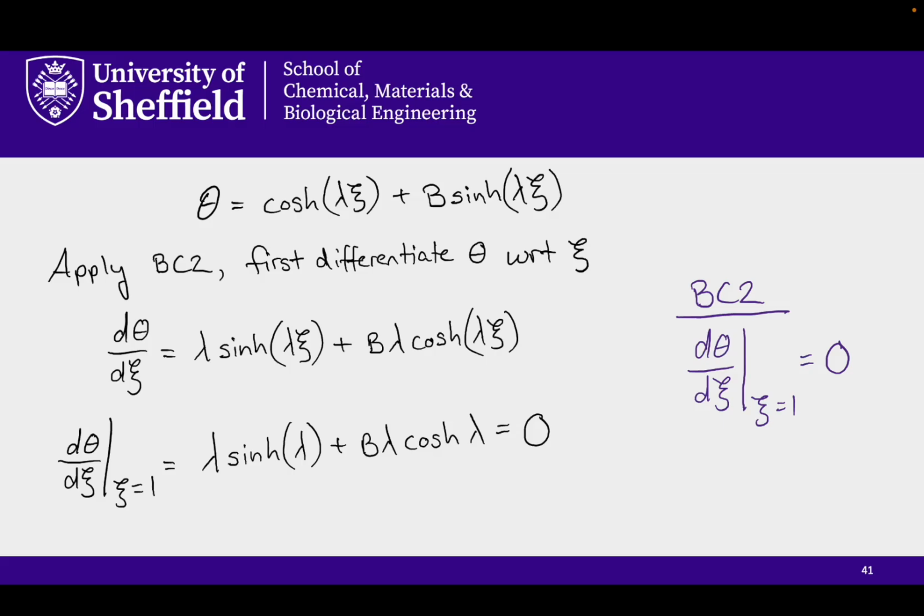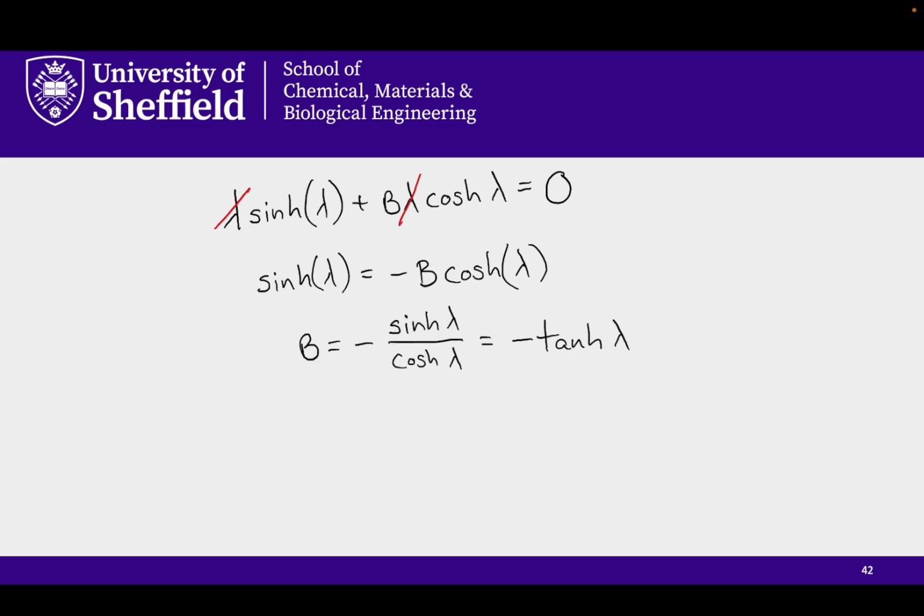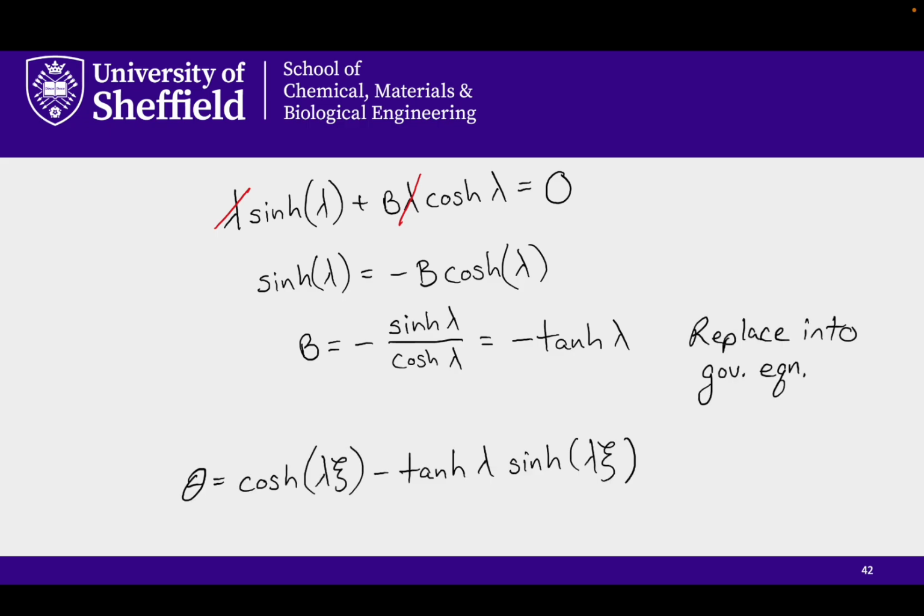When we do that, we're able to rearrange this equation slightly and solve for b, which is just the negative of sinh over cosh of lambda, and as you might expect, that's just the hyperbolic tan of lambda. So we have a value for b that we can then substitute back into the solution to our governing differential equation, and we finally have the complete solution.